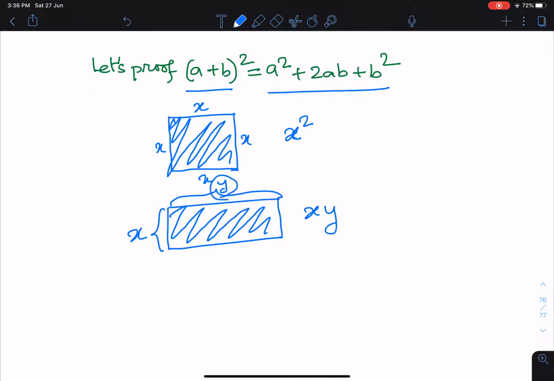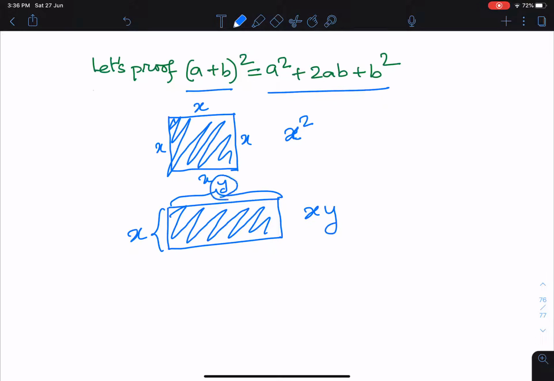What we need to prove is that (a + b) whole square is equal to a square plus 2ab plus b square. First we assume that we have a line whose length is a, and after that there is another line whose length is b.